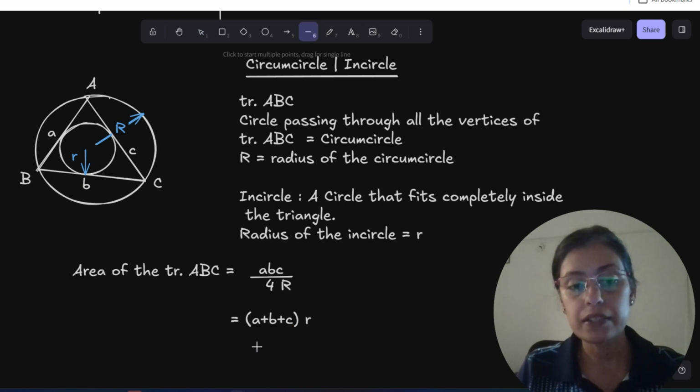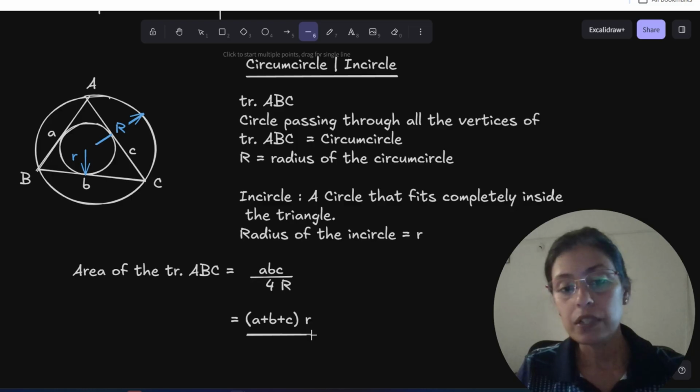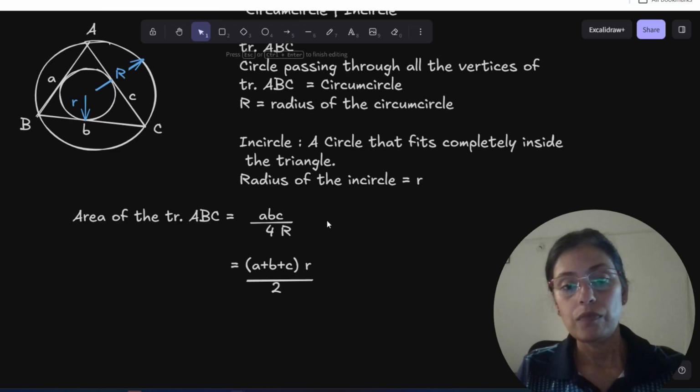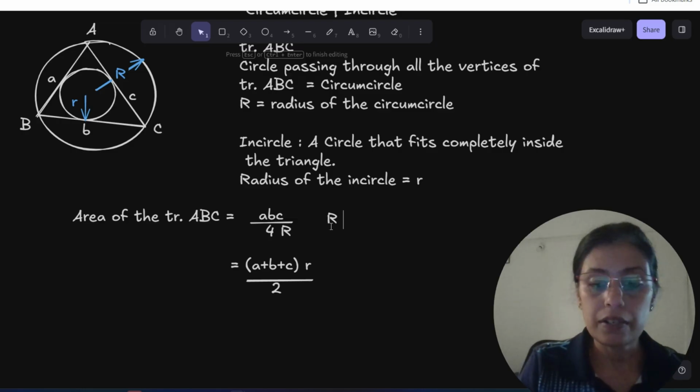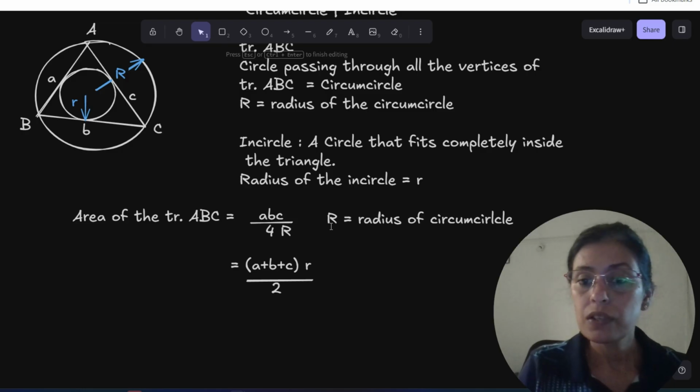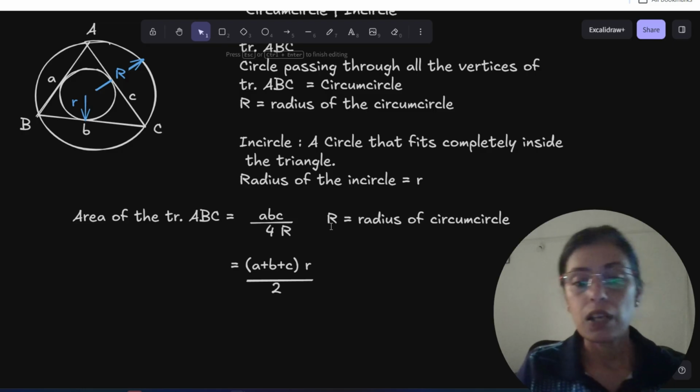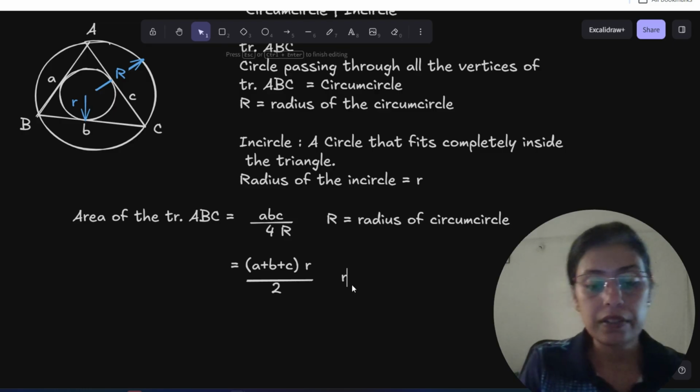This small r is the radius of the incircle.